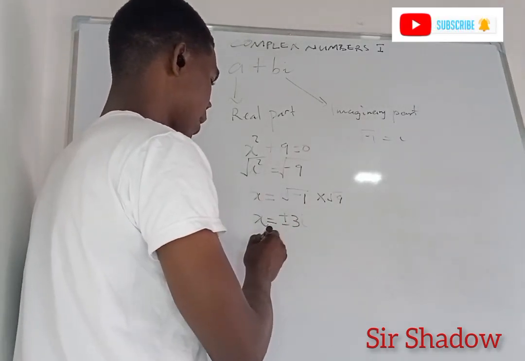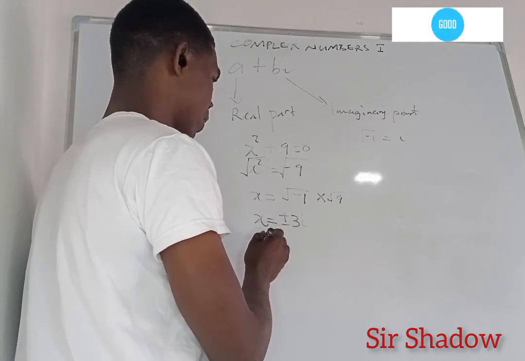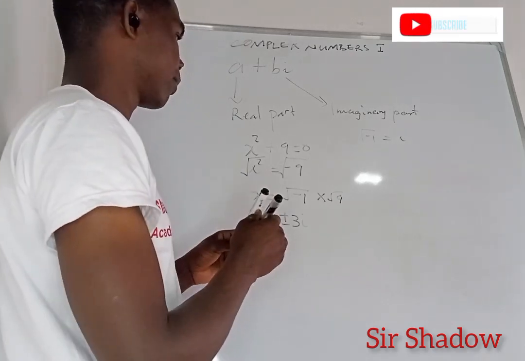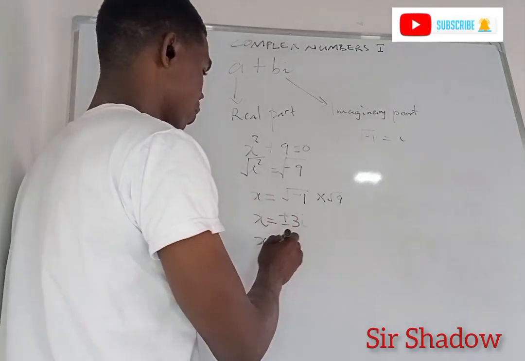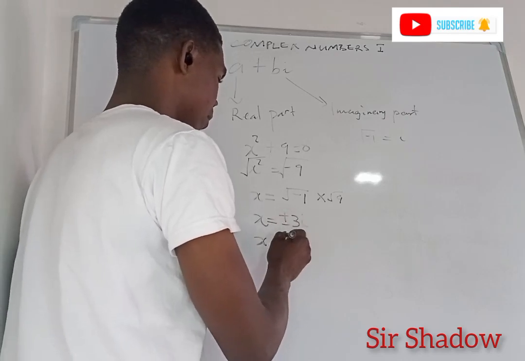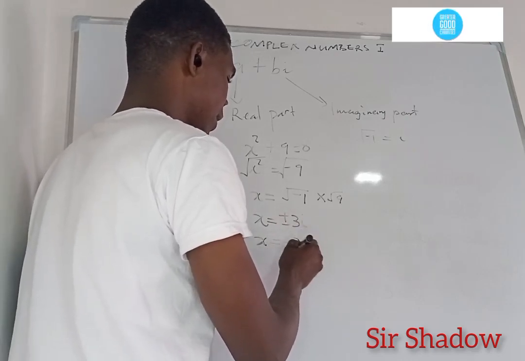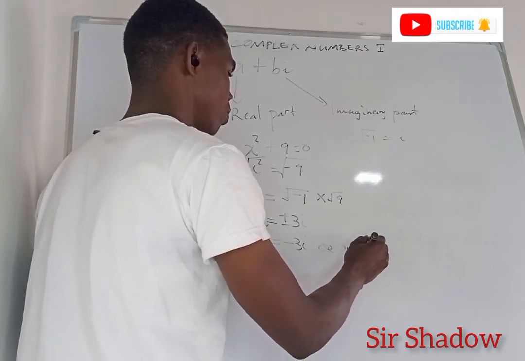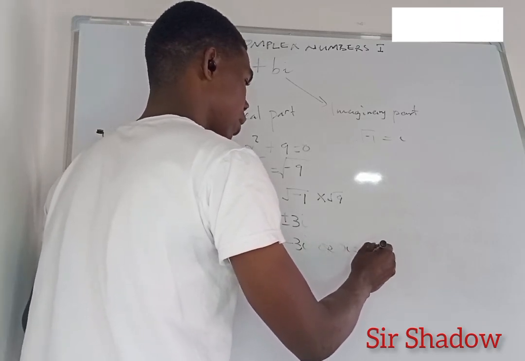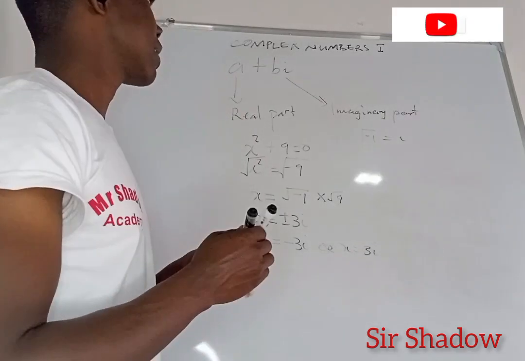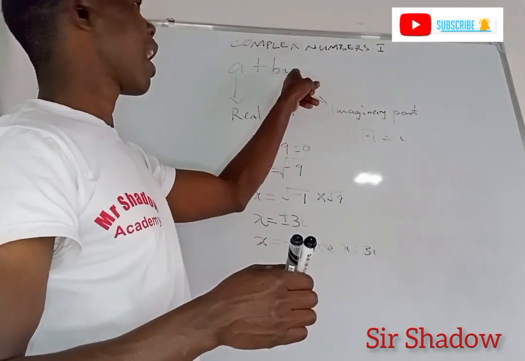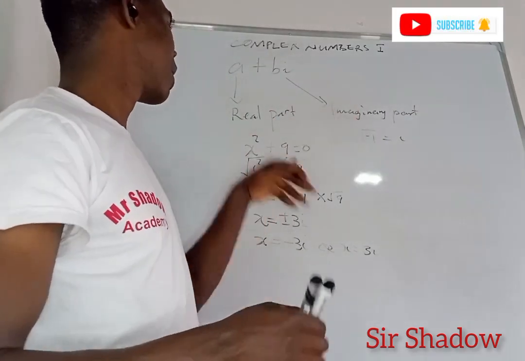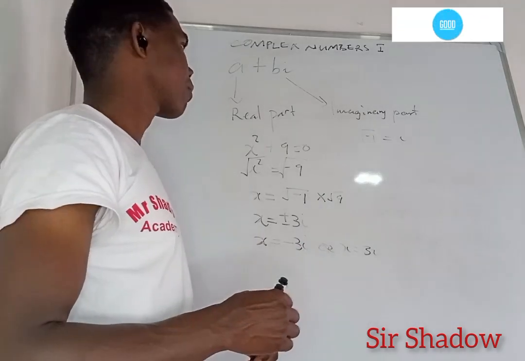So x is equal to minus 3i, or x is equal to 3i. So this is where this i is derived from, after solving some quadratics.